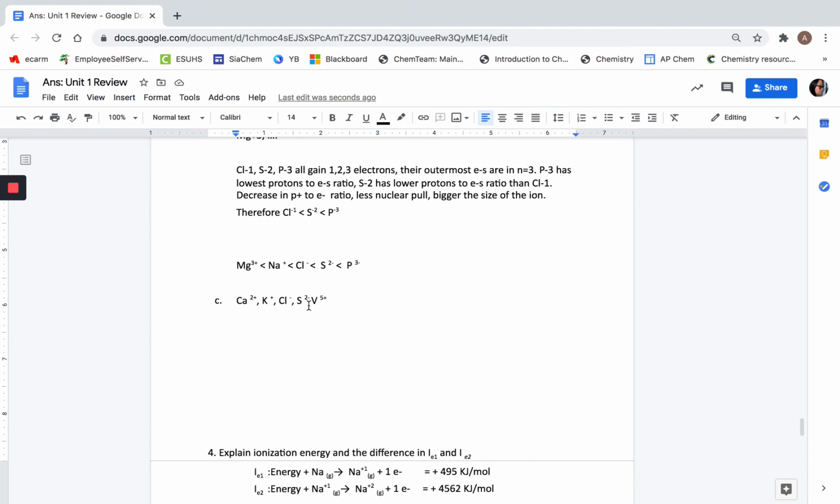Okay, let's continue. This part is the same kind of thing. You're just going to compare them by where they are. We've got V5+, S2-, and Cl-, and then K+ and Ca2+. You'll see that they all give you Ar.